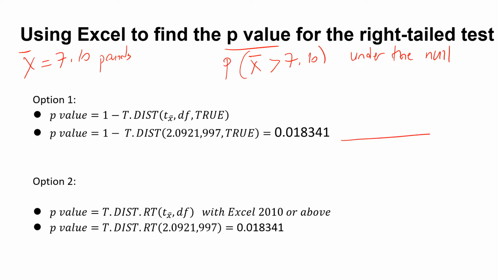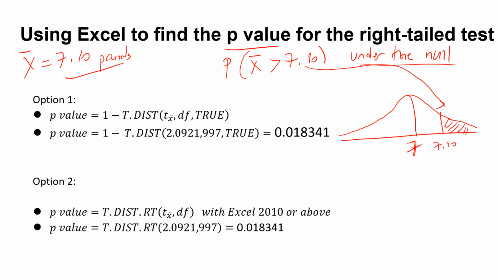Visually, we can show it on a distribution. If this is the distribution of the sample mean under the null, this is going to be 7. If the null is true, and we have a sample with a mean of 7.10, I am interested in this area. This area is our p-value.